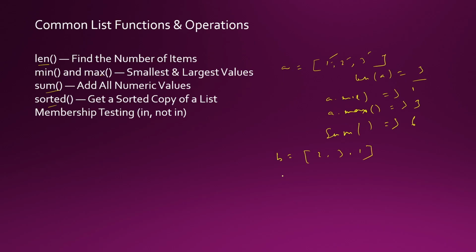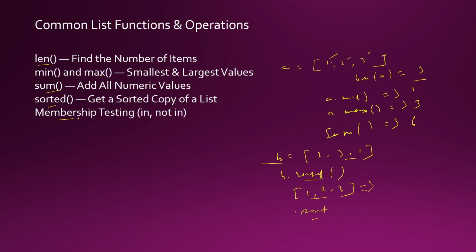If I perform sorted on B, it will give a new list in sorted order, in ascending order, 1, 2, 3. This is quite different from the dot sort method that we learned in the last video. In this sorted case, it will not replace the original one. It will create a new list with sorted values, but it will not replace the original one. So this is the basic difference between sort and sorted.